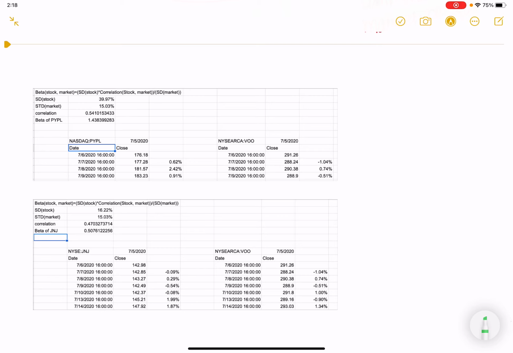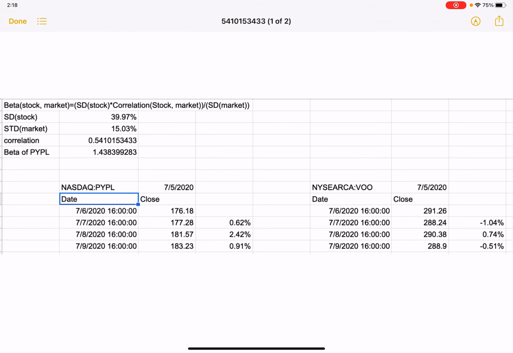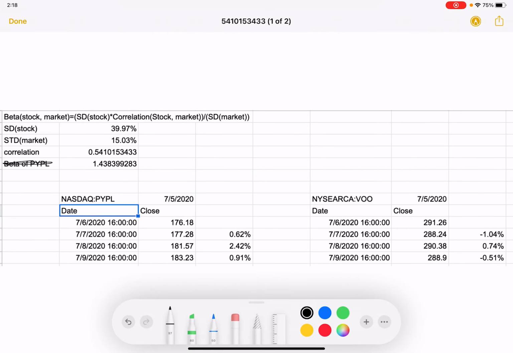I have given an example. I did this calculation, which I think will be very helpful for you as well. If you want to calculate beta, I have put a link in the description of this video to this Google Sheet file that you can copy. So if you see, I have calculated the beta of PayPal for the last 1 year, as of July 2021. It's 1.41.